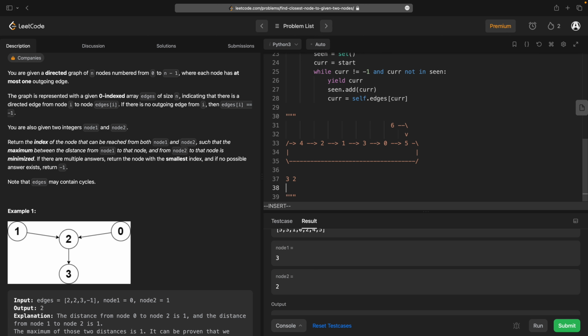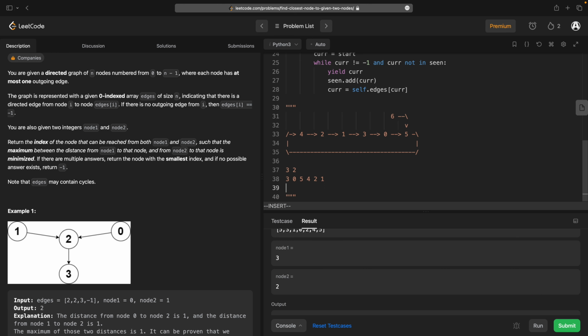So from 3, the chain is 3, 0, 5, 4, 2, 1. And from 2, the chain is 2, 1, 3, 0, 5, 4. Yeah, that's the chain.